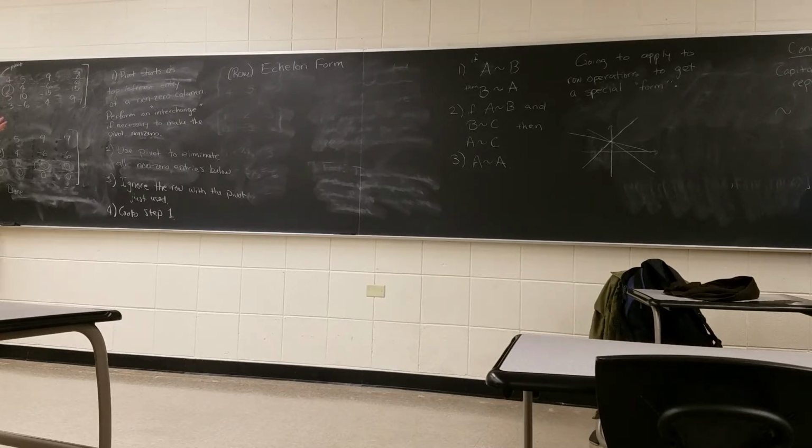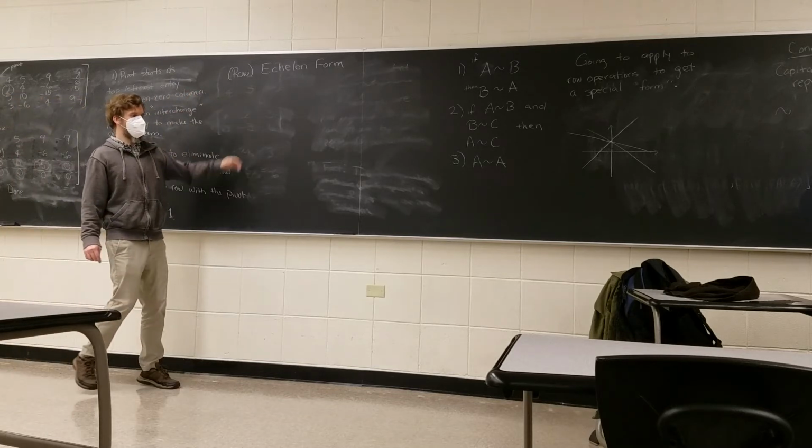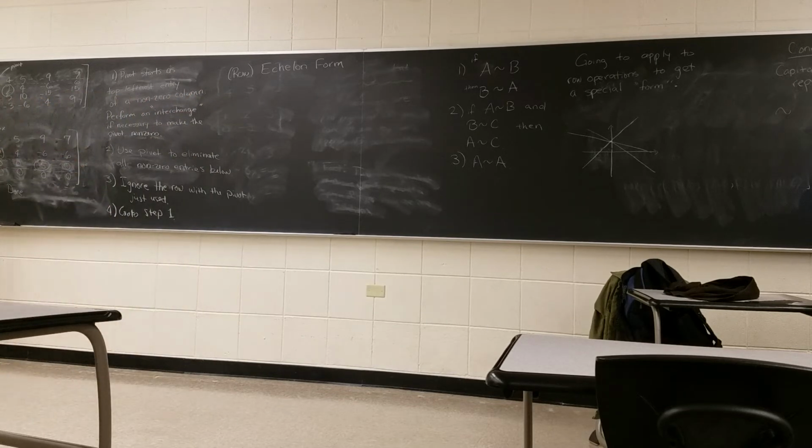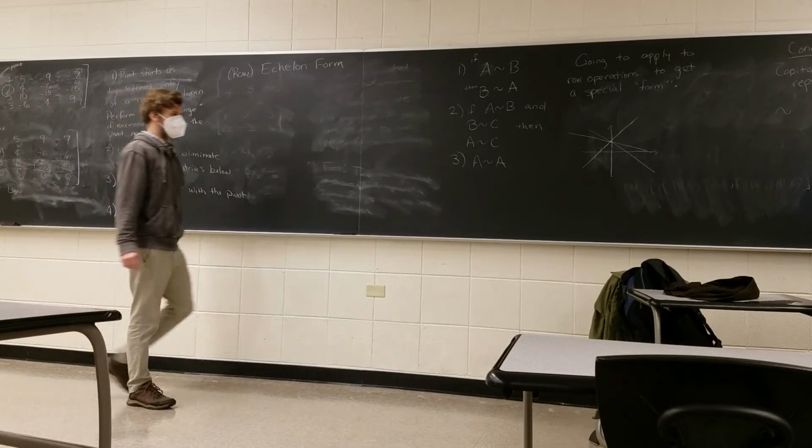Intuitively what this means is that as you go down from top to bottom, down the rows, the leading term is kind of marching to the right. This echelon has some military origin. Anyway, we have the leading terms moving forward as we go down. So that's what row echelon form is.